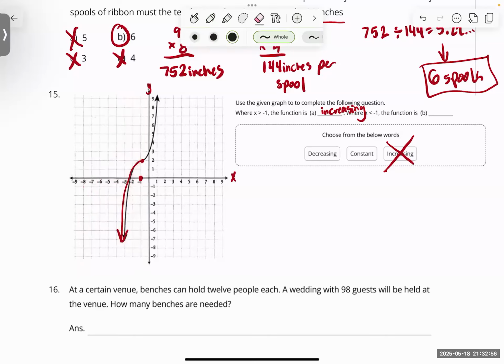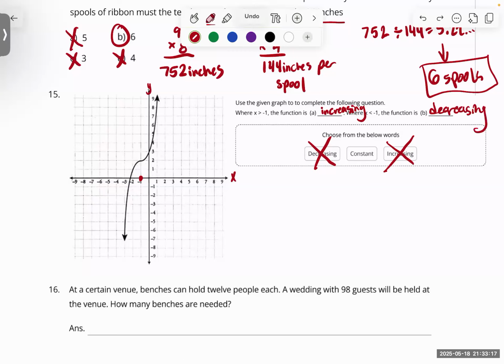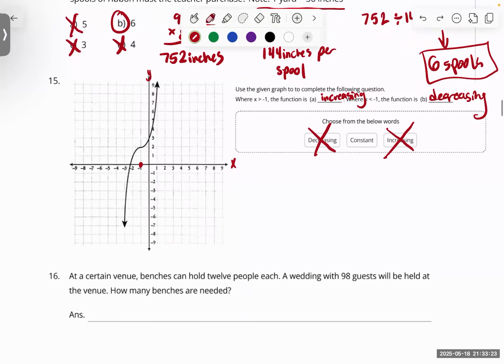So the answer to that is decreasing. Take a look at, as my x values get smaller, this is also going toward the negatives. So it's decreasing. It's essentially saying as my x values are affected, what's happening to my y values? And clearly when it goes this way, my y's are increasing. Okay.